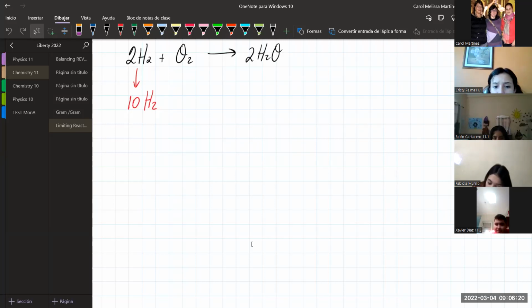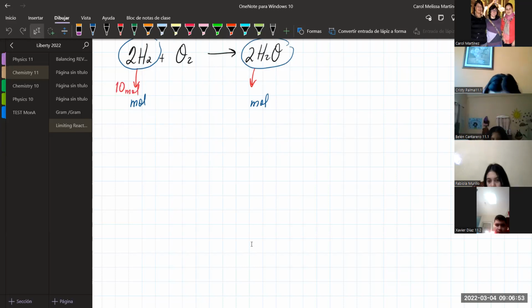So, how do we do this? Do you listen to my question? It's how much water I can get from 10 moles of hydrogen. So my analysis here is from mole to mole. Because I'm relating these two substances, and I'm giving you 10 moles of H2, I want to know how many moles of water I'm going to produce.